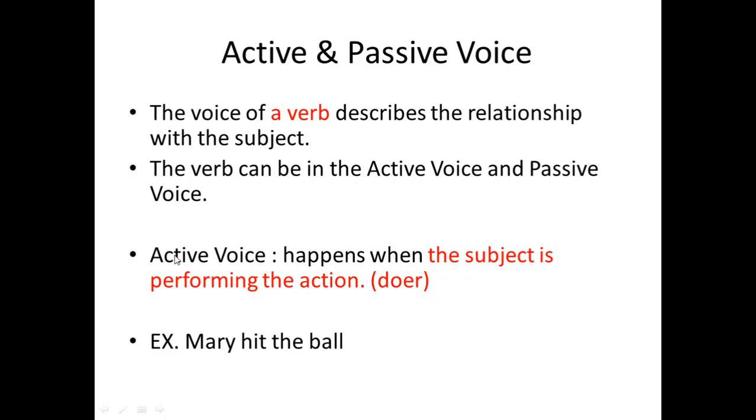In active voice, we always have the subject at the beginning of the sentence, just like in this example: Mary hit the ball. Whenever we have a subject at the beginning, be sure that we are dealing with an active voice, always.